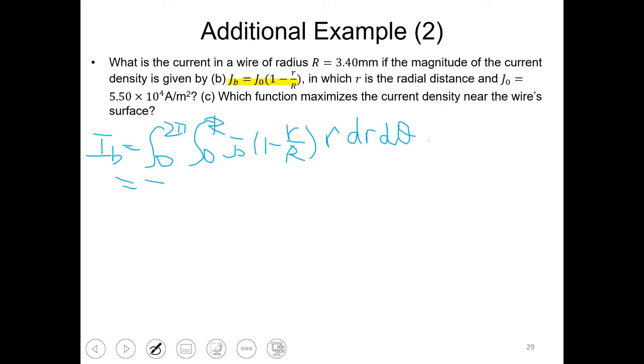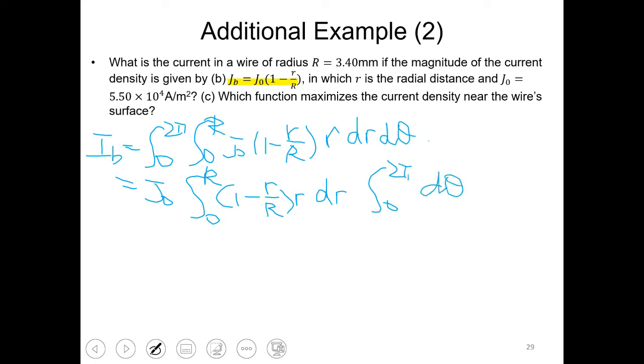So we have J0, and then 1 minus r over R times r dr, 0 to R, and then 0 to 2 pi d theta.